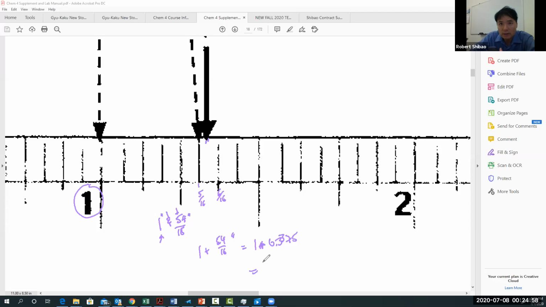And so I'm going to write this as 1.33 and then subscript this 7.5, which is not significant. And so this is going to be 1.34 inches is the measurement here. In other words, 1 and 5.4/16 is 1.34 inches.